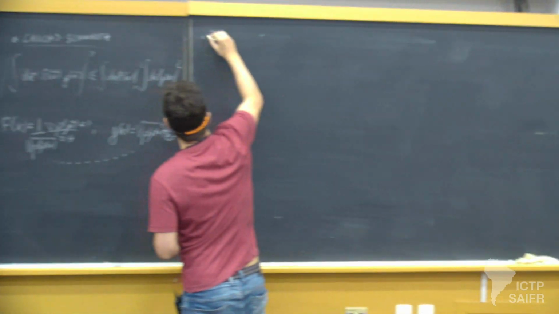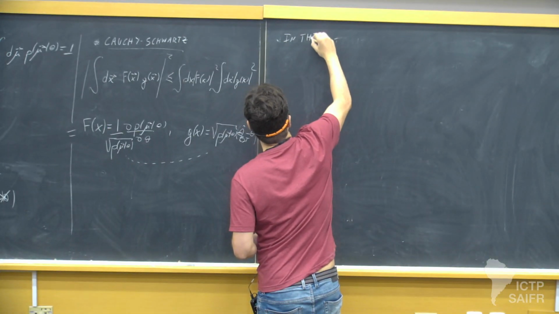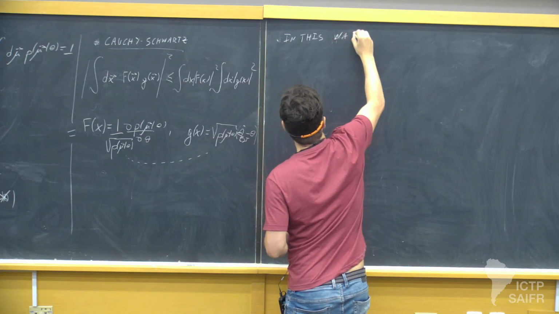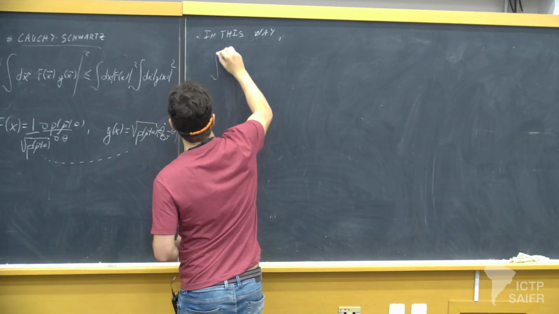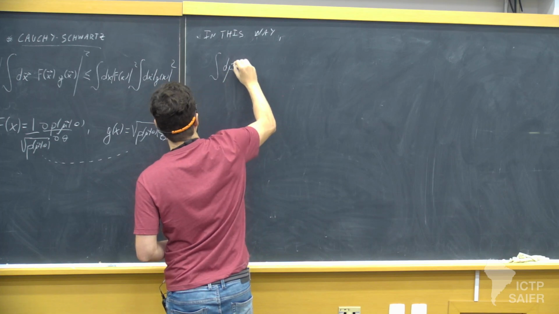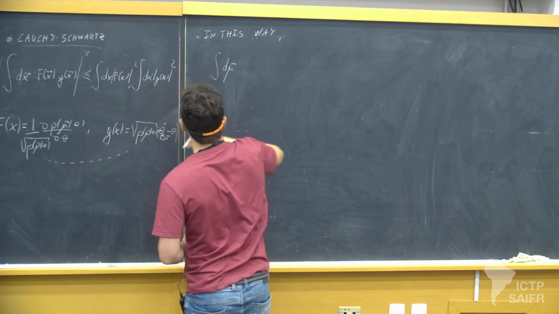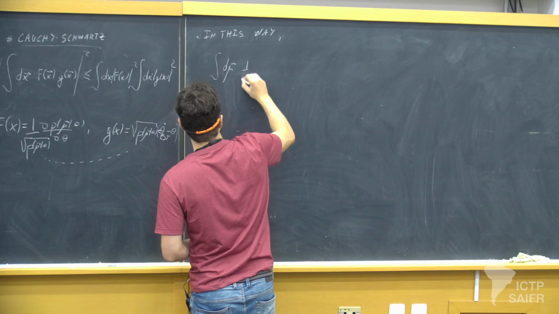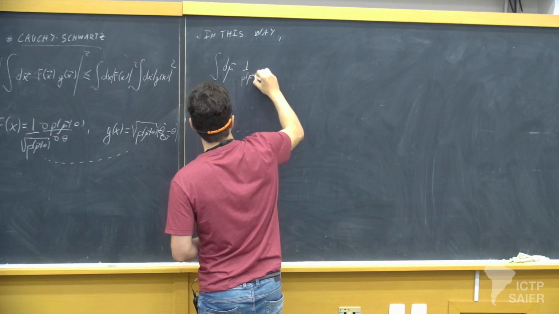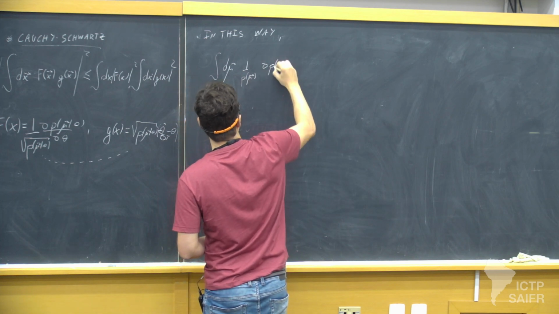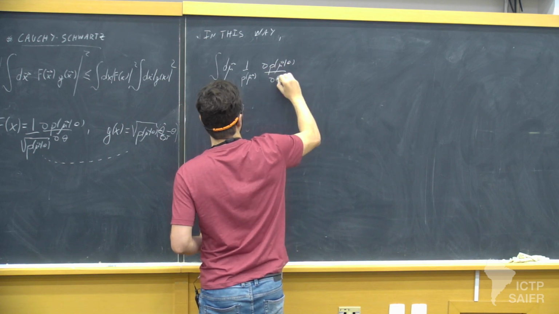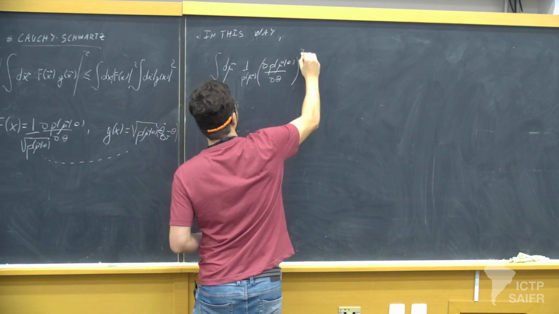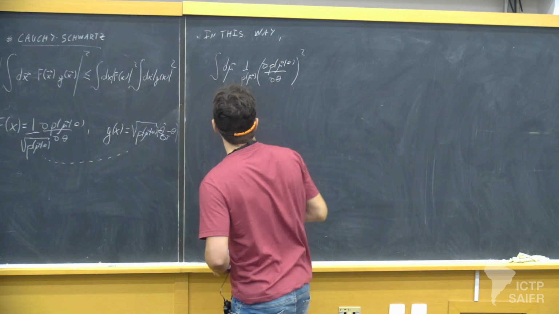So in this way, what we have is that this guy here, the integral of the outcomes times all of this, 1 over p, times the derivative of my probability given theta with respect to theta, now squared, because the function here appears squared.